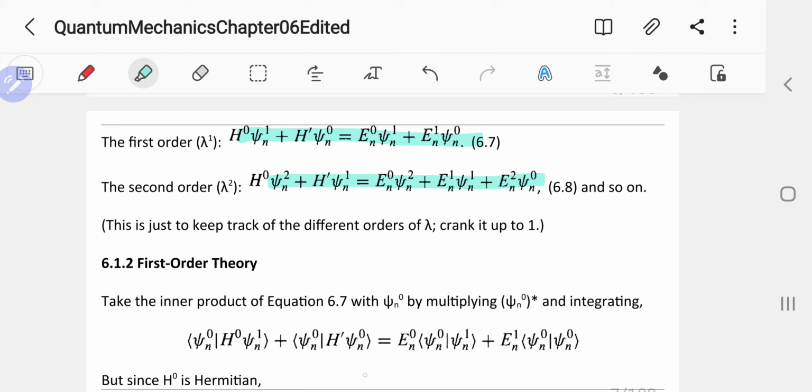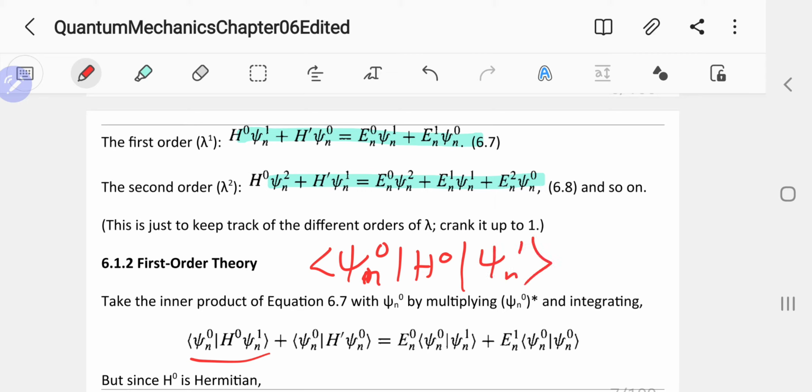By the way, this one here could also be written as phi n0 h0 phi n, but it could also be that this is not present, so that's just the same. It means the same. So when you see that in other books, don't get shocked, it's just the same.